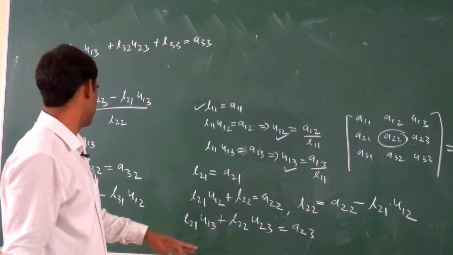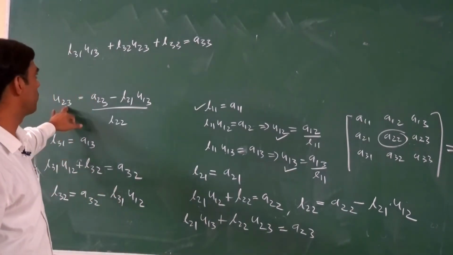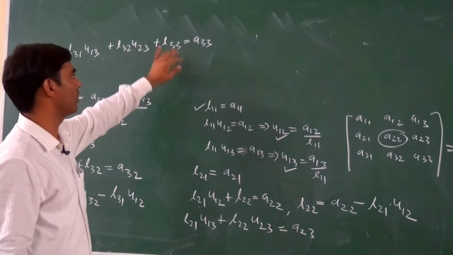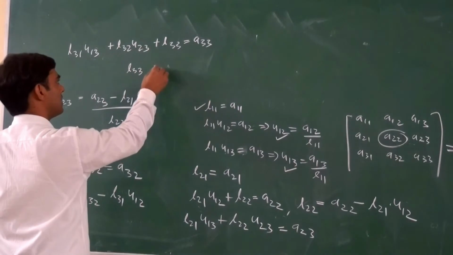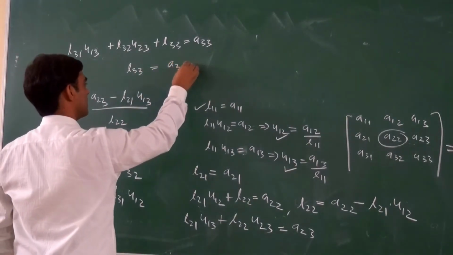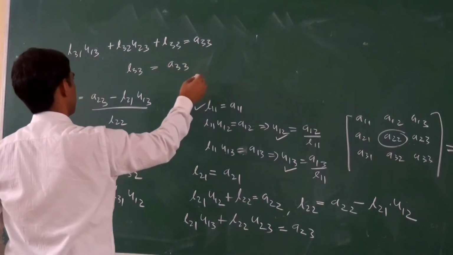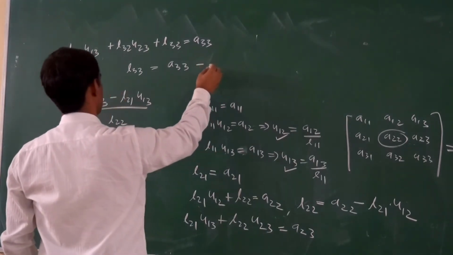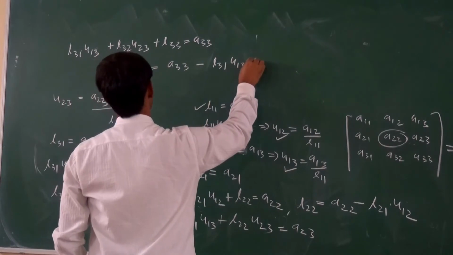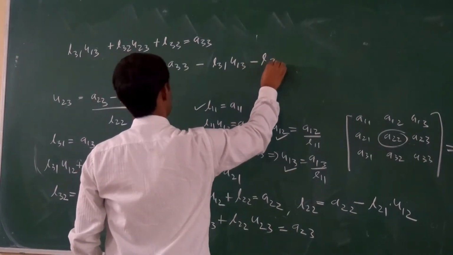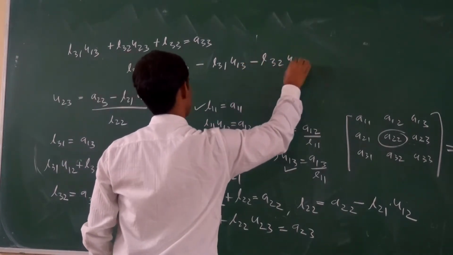So the unknown is L33. How do we find the value of L33? L33 is A33 minus L31 U13 minus L32 U23.